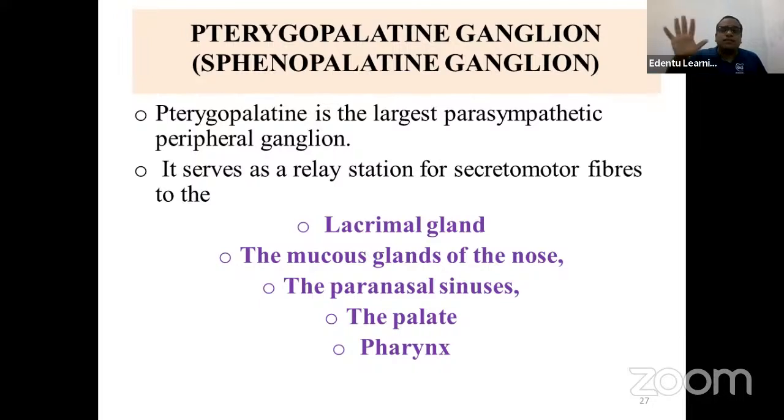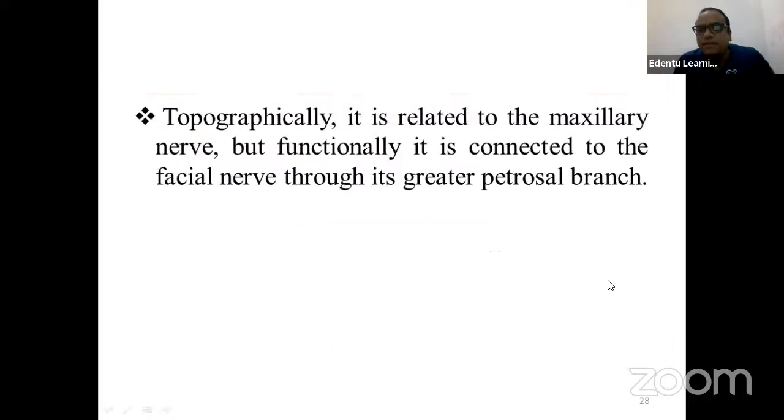Palate, 4th. And pharynx, 5th. There will be some mucus secretions also. So these 5 structures are supplied by the Pterygopalatine or Sphenopalatine ganglion. It's very clear now: the largest parasympathetic ganglion, secretions, 5 houses, electricity going.